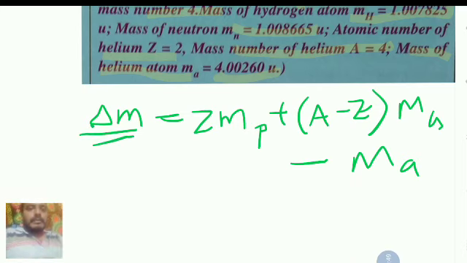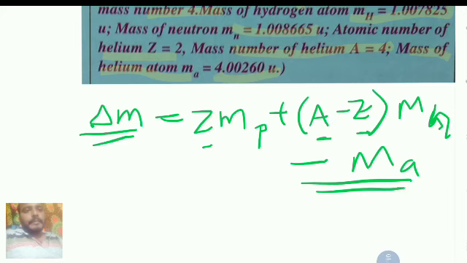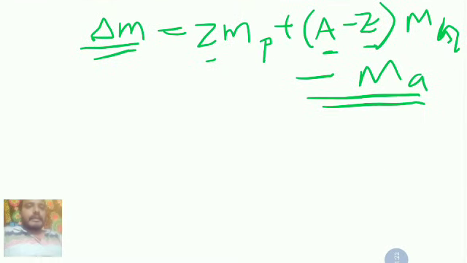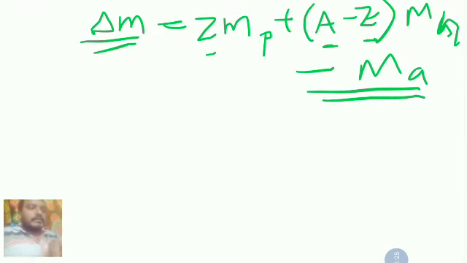Z means atomic number, Mp means mass of proton, plus mass number minus atomic number, nothing but the remaining neutrons. Mn means mass of neutron, and Ma means mass of atom. It is the mass defect formula. So find the mass defect. How to find the mass defect?